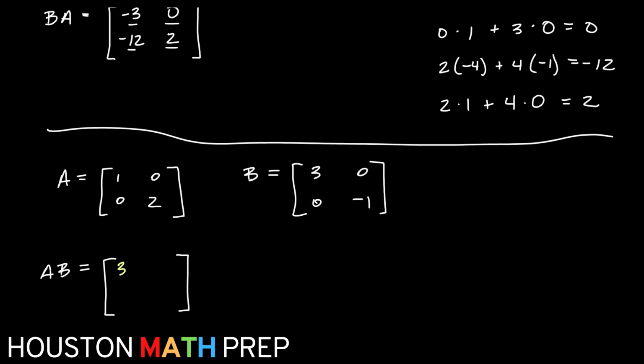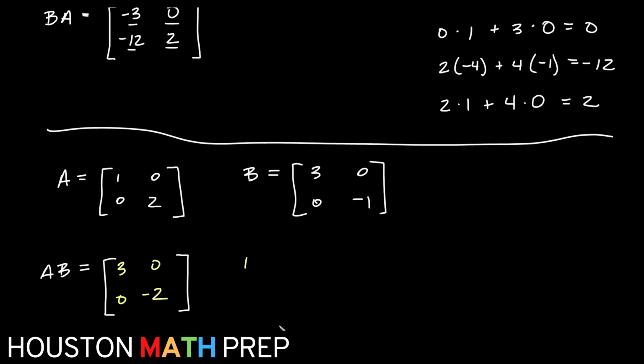I'm going to skip the steps on this one. 1, 0 times this is going to give us 0. Second row, 0, 2 dot product with 3, 0 is also going to give us 0. 0, 2 dot product with 0, 1 is going to give us negative 2 here. So rows of A dot columns of B gives us this.